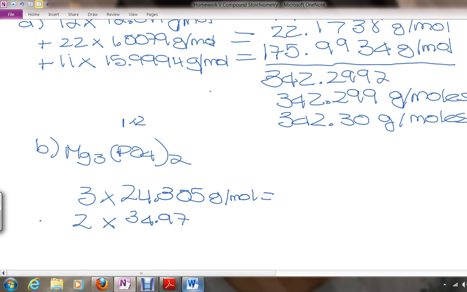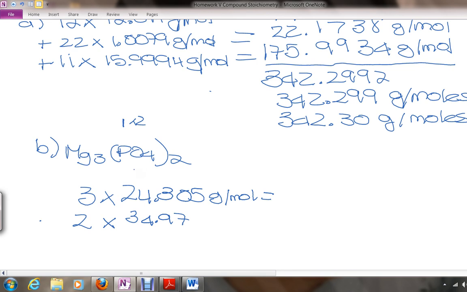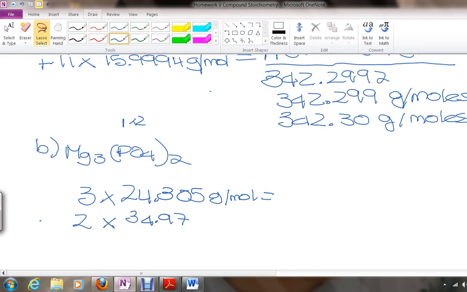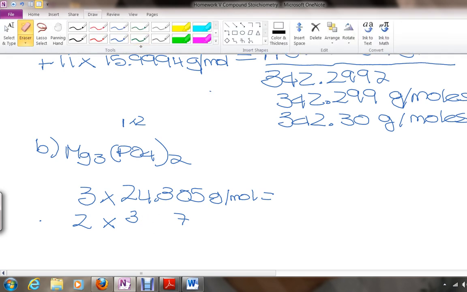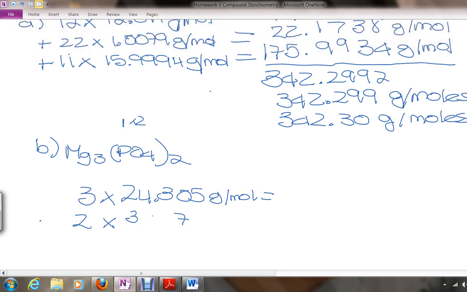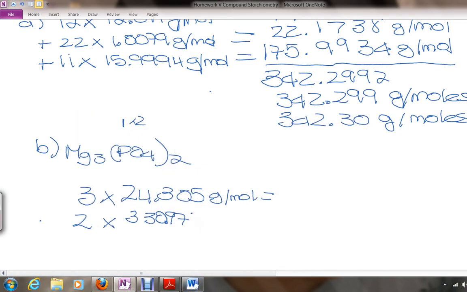Let me see it again. 30.97376 grams per mole.